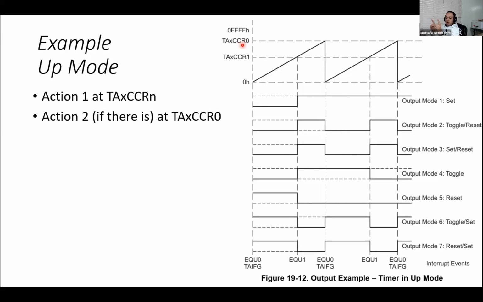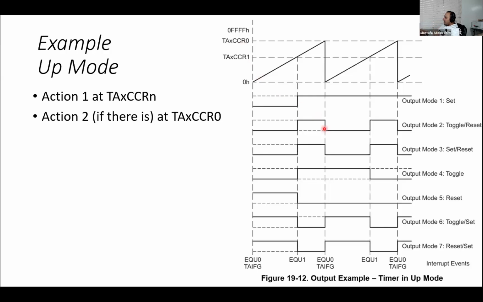So you have 2 values: one in TAxCCR0, and another one in any one of the other registers, 1, 2, 3, 4, so you have another 4 registers. One action is tied to TAxCCRn, and then n is 1, 2, 3, 4. The other action is tied to the value in TAxCCR0.